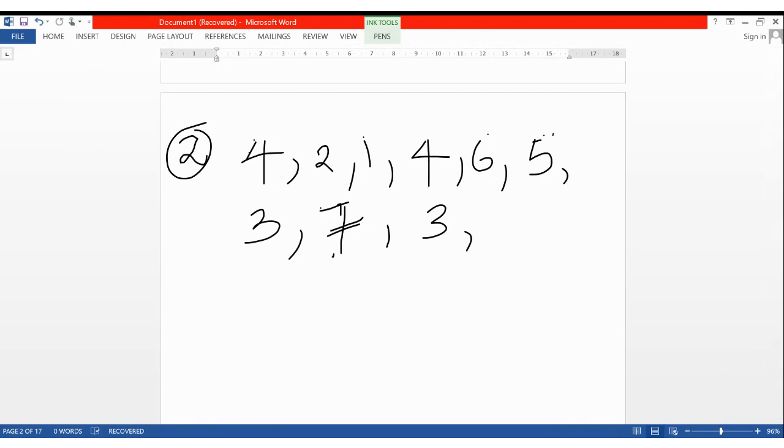There. We look for the range and we look for the what? The semi-interquartile range.